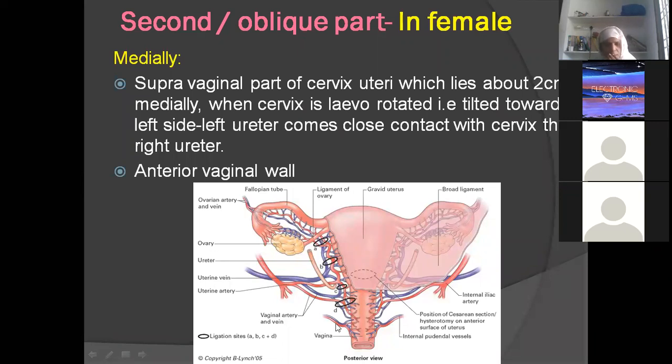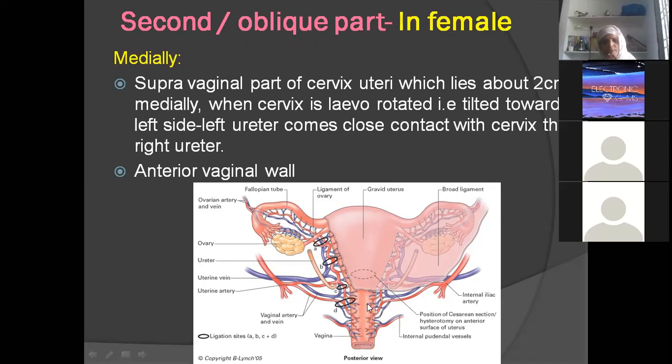Okay, female, see the course. This is the fundus of the uterus, this is the cervix of the uterus, this is the vagina. Okay, so the course of the ureter here is the supravaginal part. Actually, it is like this. That means the course of the ureter is following like this. Okay, it is moving in front of the vagina, the anterior vaginal wall.